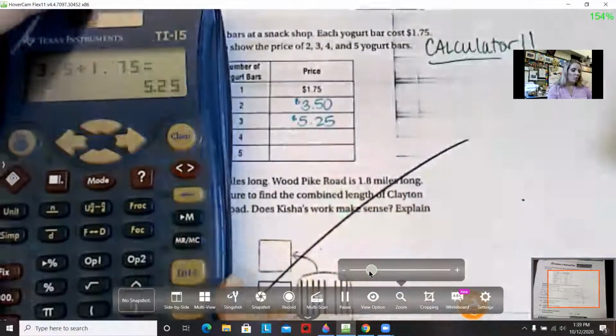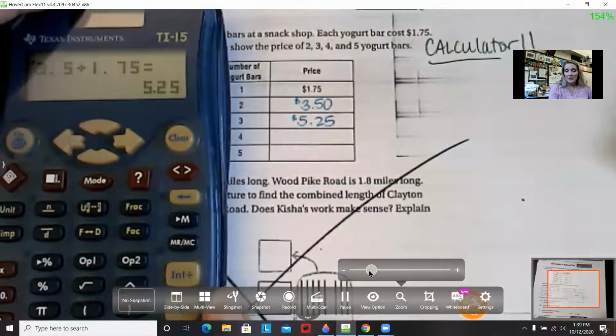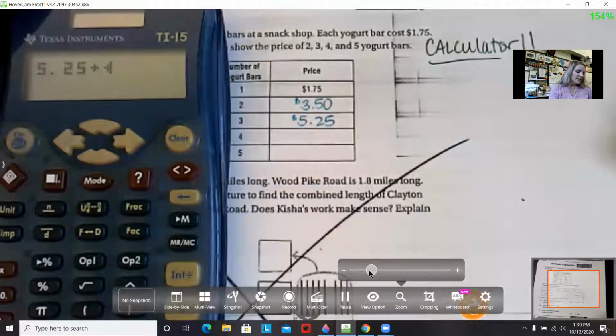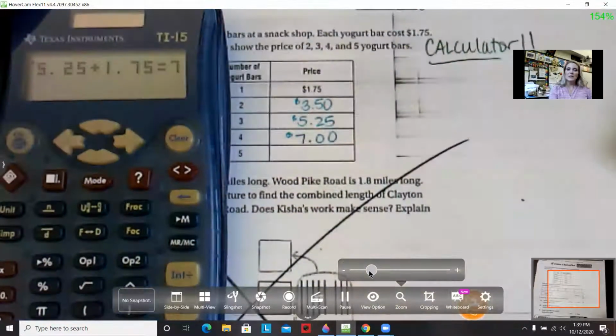Good job. Let's go down to the fourth one. Add another $1.75 for a fourth bar. So I just take my number that's already there plus $1.75 and a whole number 7. What would that mean? $7 whole, right? And when I write it in money, I just put 7.00.